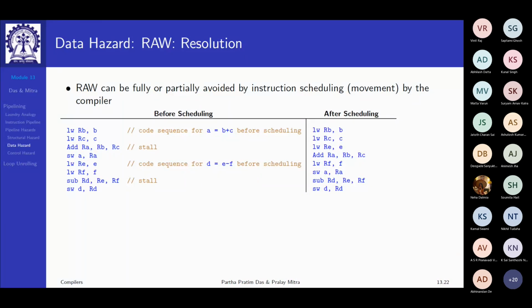We will do something a little more detailed, but I just wanted to show the idea that, even without having to stall, or even without forwarding, in many cases, by scheduling the instructions in an intelligent manner with the data dependencies involved, we may be able to substantially reduce the stalls in the pipeline. Right?